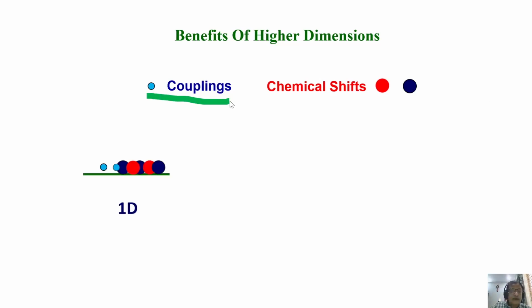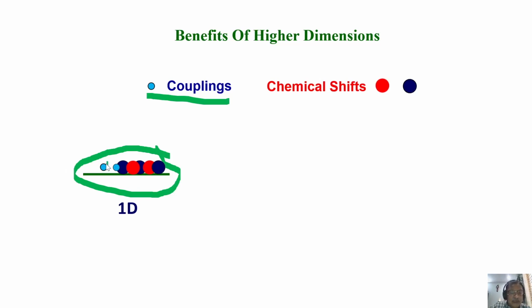In each case, if I take a 1D spectrum, say proton-proton couplings and proton-carbon couplings, everything is overlapped like this. All peaks are there. We have couplings and different chemical shifts, identified by different colors and sizes.